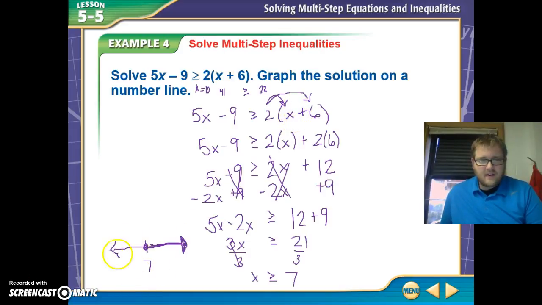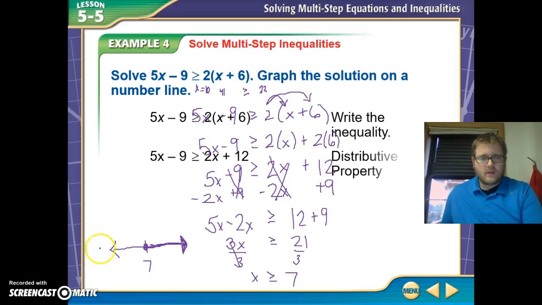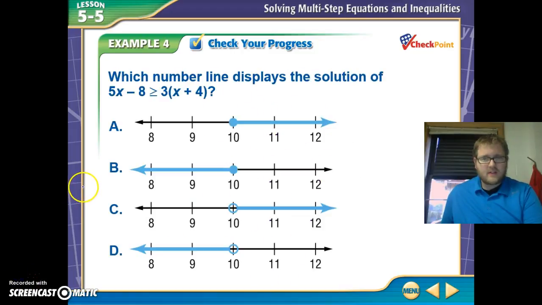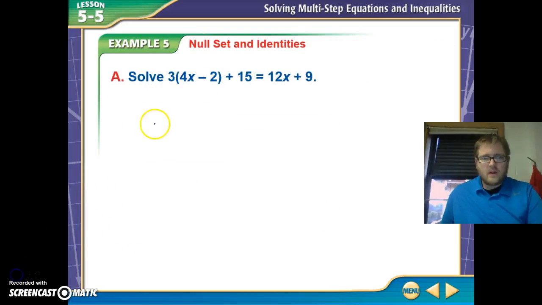So any number below the 7 is not going to work. So go ahead and find the solution of this inequality and choose the appropriate number line that works for your solution. Now let's solve this inequality.